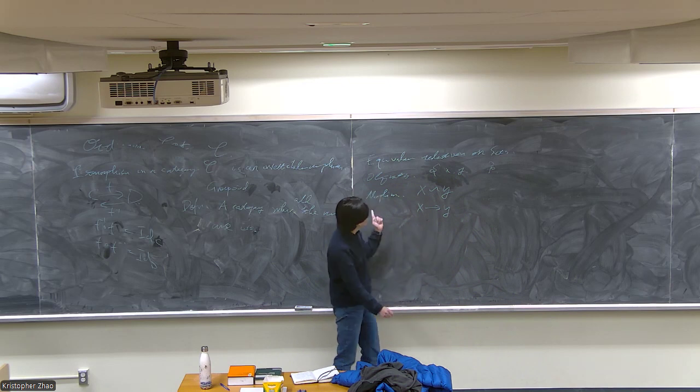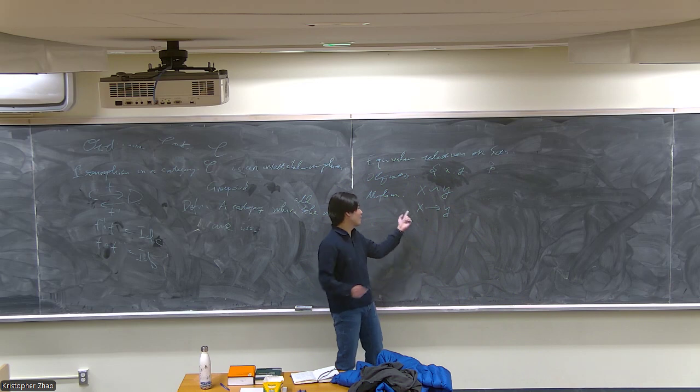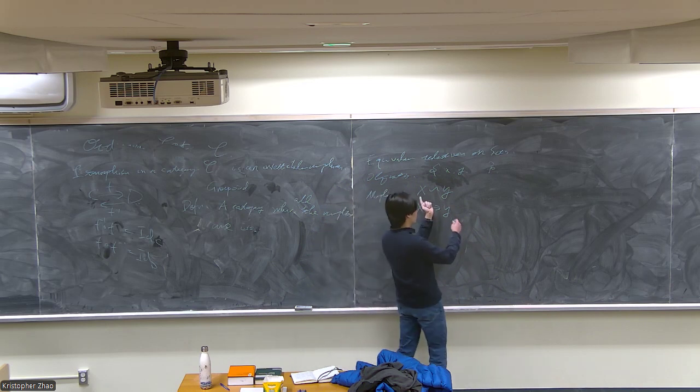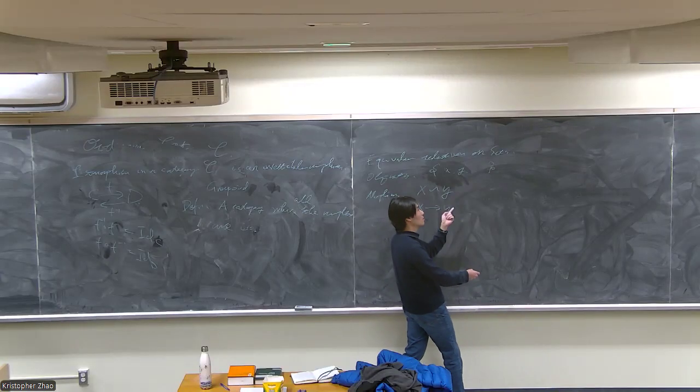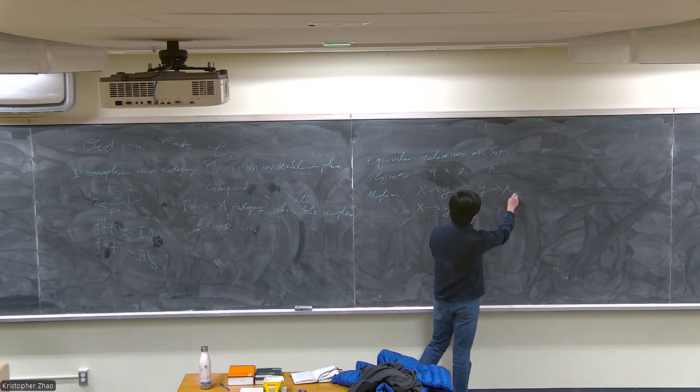Yeah, and I claim this is a groupoid, which means that all morphisms are isomorphisms. Do you want me to show it? I will show the isomorphism part, because if x is equivalent to y, then y is equivalent to x, right?